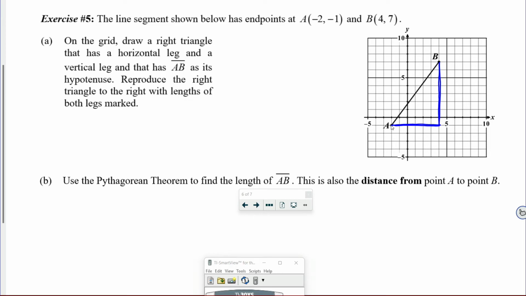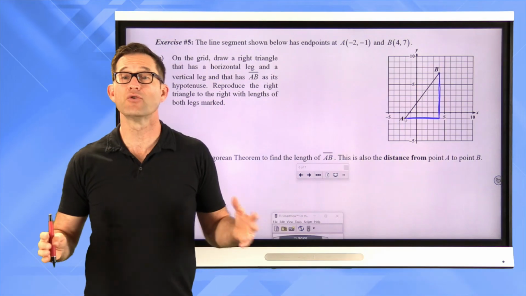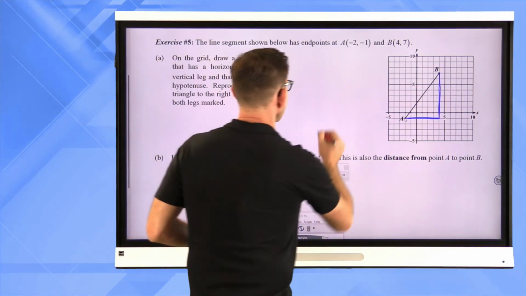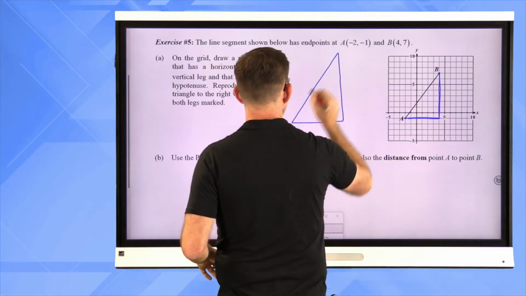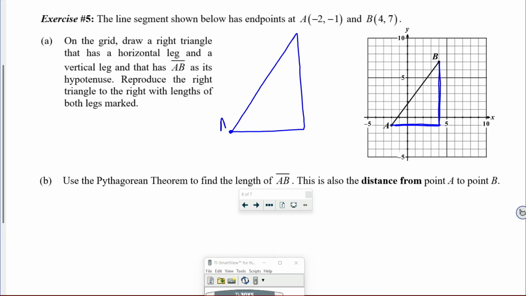All right? That right triangle can be drawn in, right? And in fact, I'd like to reproduce it over here, where again, AB is the hypotenuse of this triangle. And now I can just do some counting. This is 6 units, and this is 8 units.